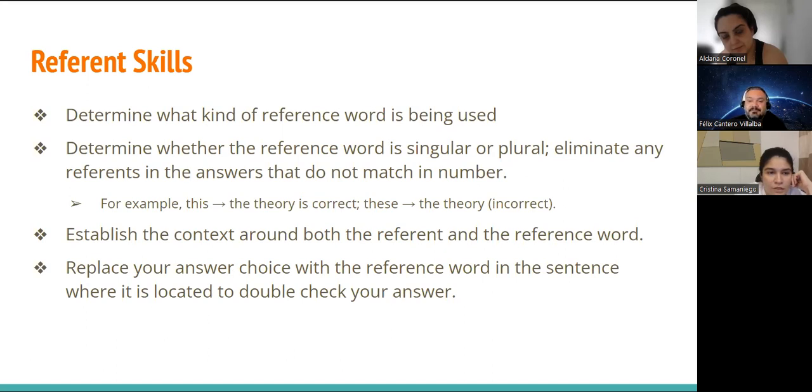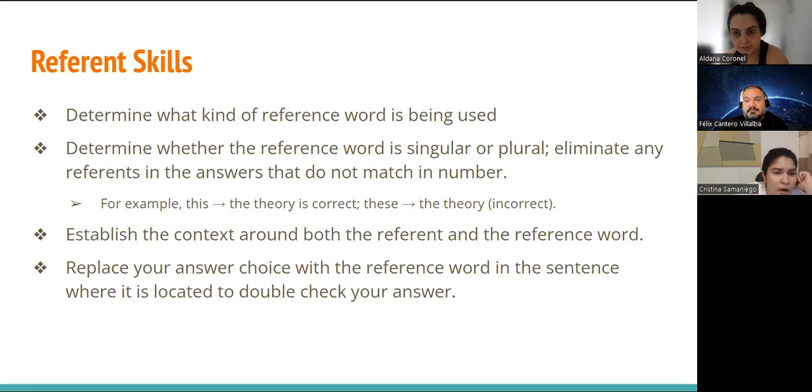Next one. Establish the context around both the referent and the reference word. Yes, so this is about how sometimes the referent is referring to something in the same sentence or sometimes to something previous. It will always be within the paragraph, but not necessarily in the same sentence.